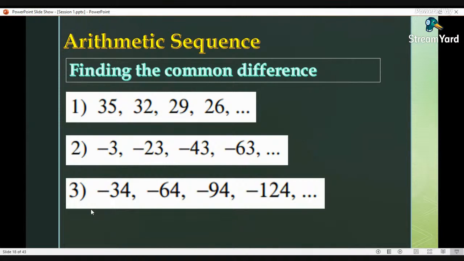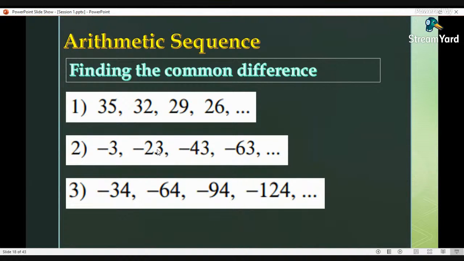Next, for number 2, our common difference would be -23 minus -3. If we subtract -23 minus -3, that would be equal to -23 plus 3, which is -20.